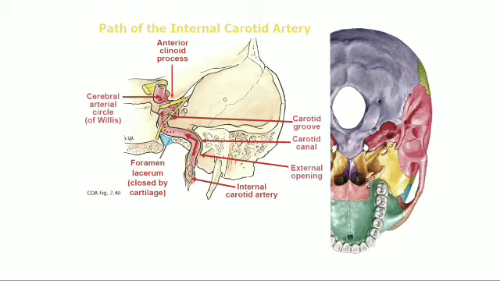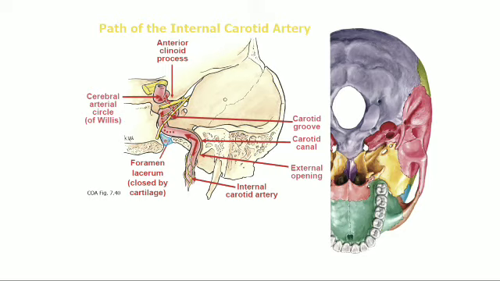And remember, the medial aspect of this petrous part of temporal bone will show another opening here. This is called as foramen lacerum. Remember, this foramen lacerum will be usually closed by a cartilage.